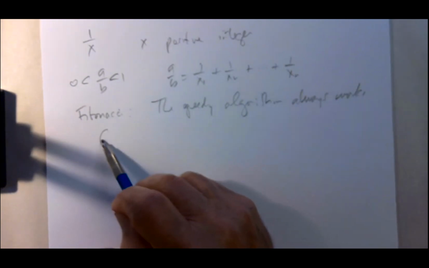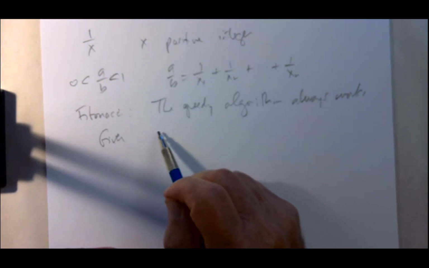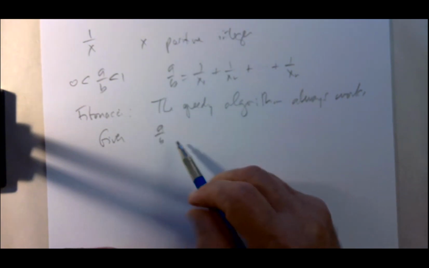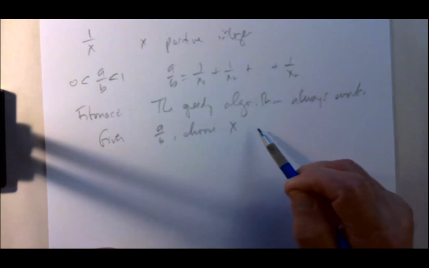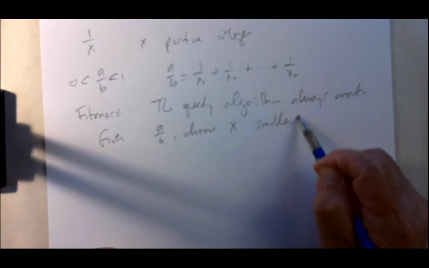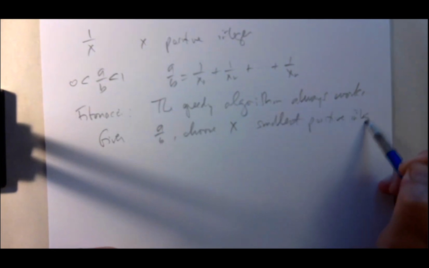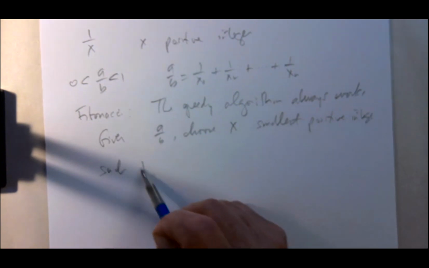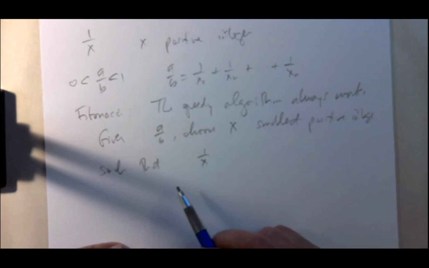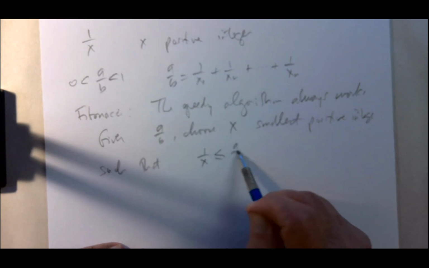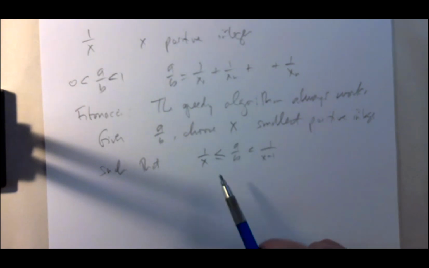So what that means is, given A over B, choose x, the smallest positive integer, such that 1 over x is less than or equal to A over B is less than 1 over x minus 1.